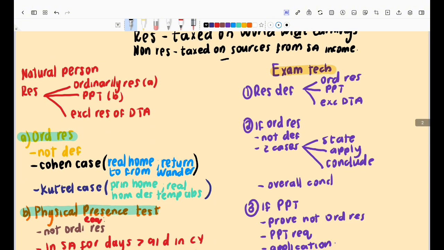So for a natural person, they can be a resident in 3 cases. If they're an ordinarily resident of South Africa, or they can be a resident by virtue of the physical presence test, the PPT test, and this excludes anyone who is a resident of another country, right, due to double tax agreements.